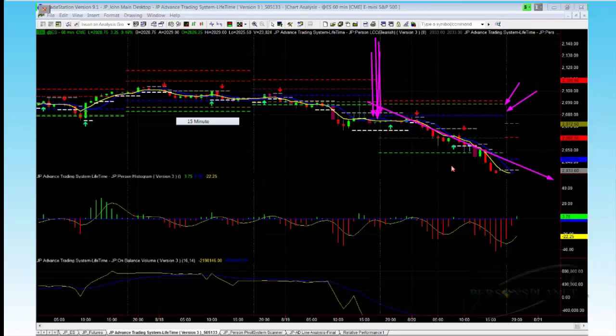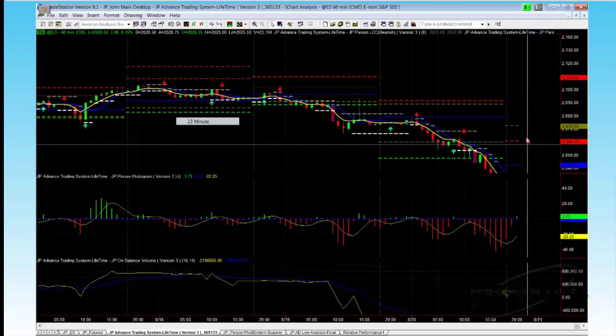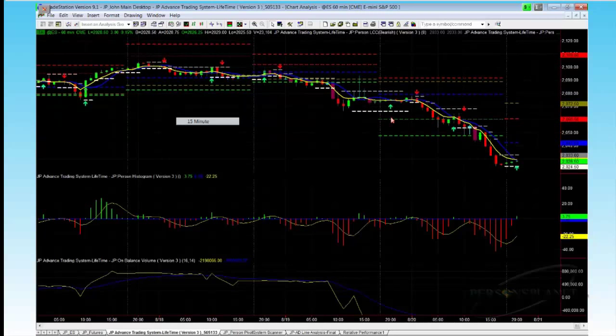And ladies and gentlemen, anyone that was caught trying to buy support today got caught with their pants down. Because in the last final hour, that got a little ugly for the bulls. Pretty for the bears, ugly for the bulls. But the system itself, I don't know if you find how amazing and powerful this tool really is. If you can fight your instinct to say the market can't go any lower. The market, it just can't go any lower.